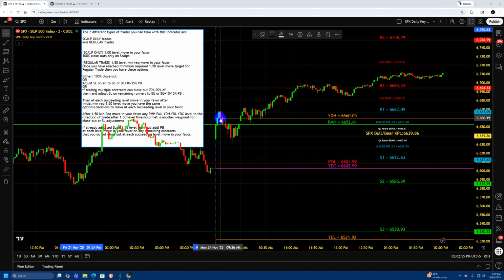Well, in this particular example, if you were doing a regular trade and you were using the standard stop loss, which again is the midpoint, first midpoint below the level that you're taking the trade from, if it's a bullish trade, your standard stop loss would have been this level and you were not stopped out. The standard stop loss, by the way, is the recommended stop loss to use with this indicator.